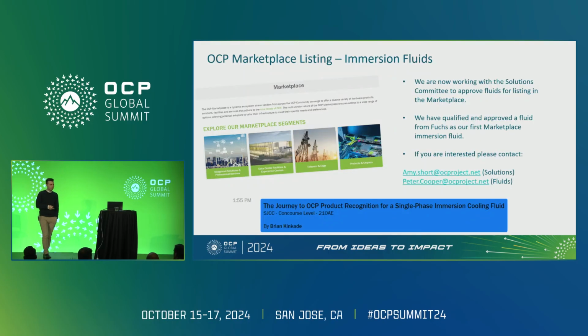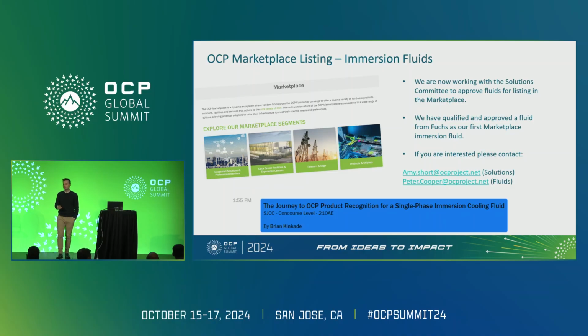And then the other really exciting thing that's happened this year, and this is starting to get into the solution space as well, is the OCP marketplace listing for immersion fluids. Over the years, there have been a lot of people asking for some kind of approval process or listing of their fluids in OCP.